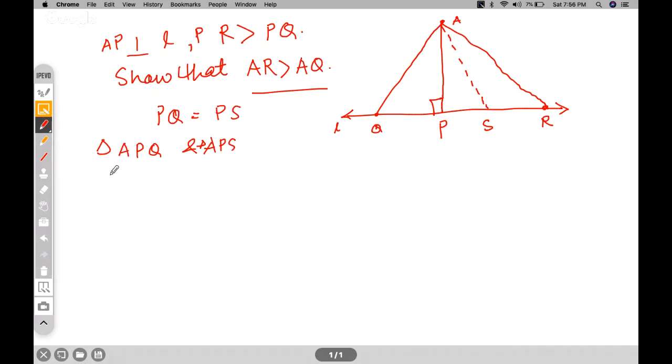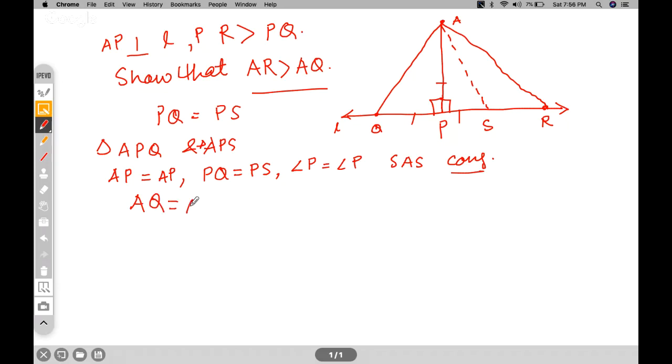AP is equal to AP, PQ is equal to PS because I have constructed it like that, and angle P on both sides is equal because that is 90 degrees. Hence, by side angle side congruency, AQ would be equal to AS by CPCT.